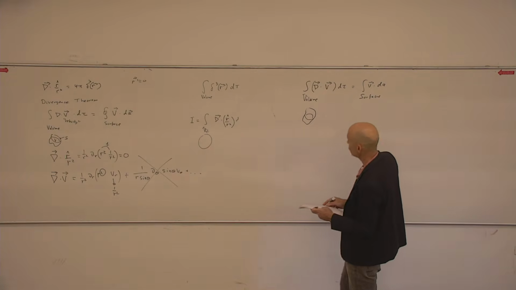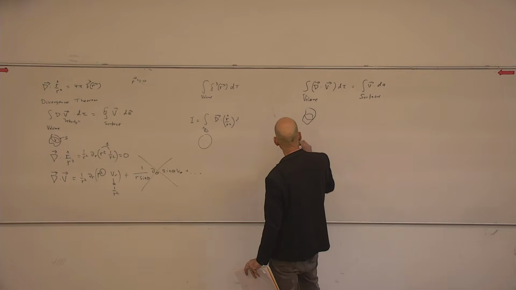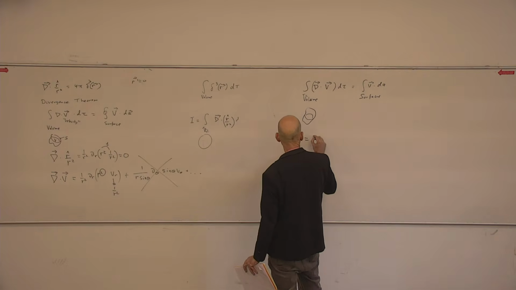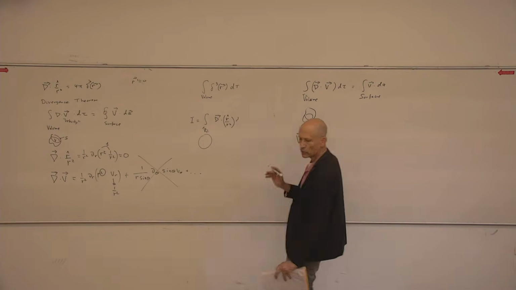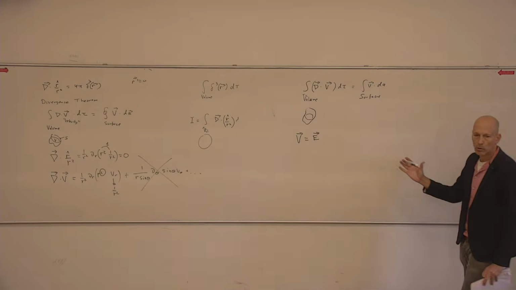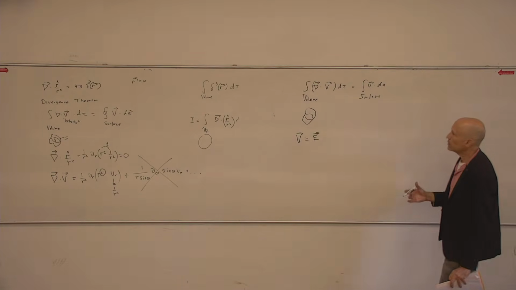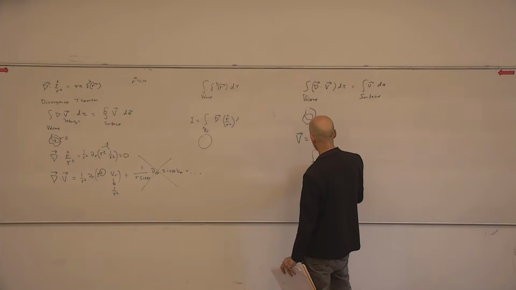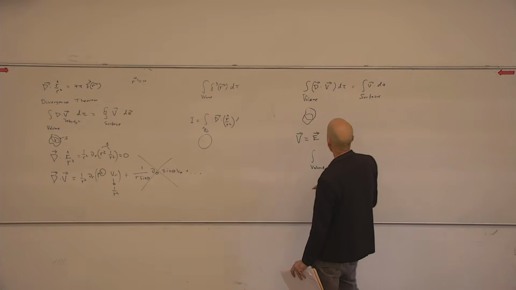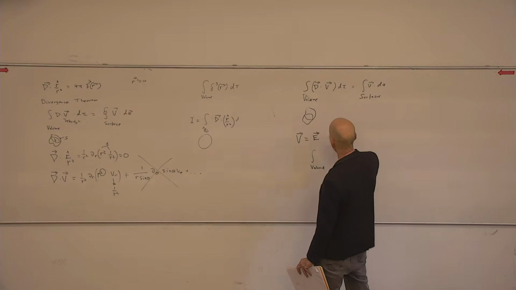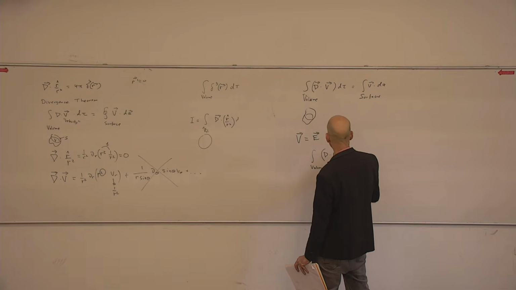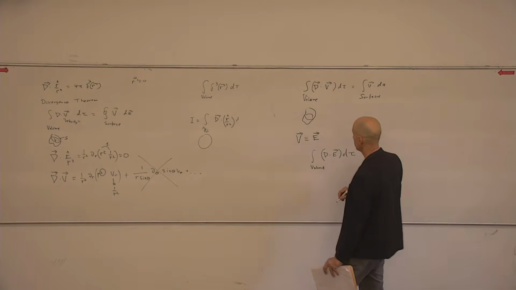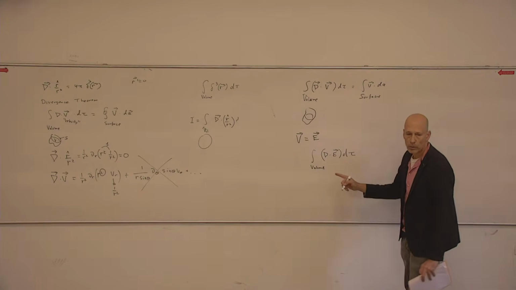This is, again, the divergence theorem. So all we need to do is, let's take V and say this is E, the electric field, which is given by Coulomb's law. So I have here the integral over the volume, some volume, whatever you want, of divergence of E d tau. But what is divergence of E? We showed it already.